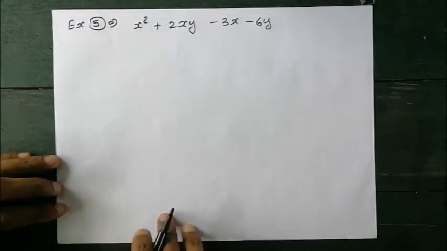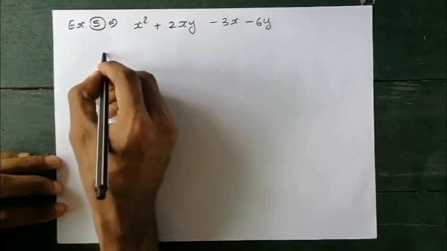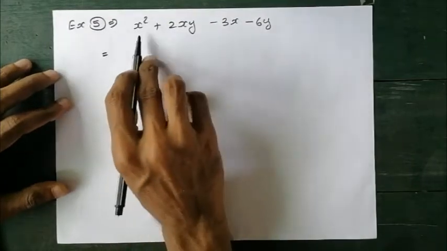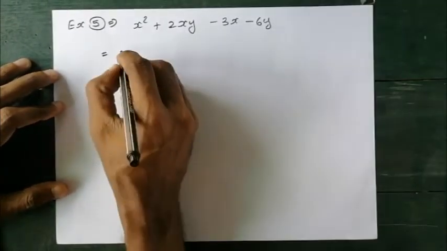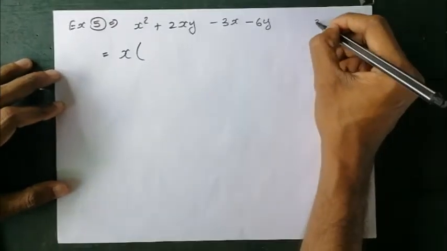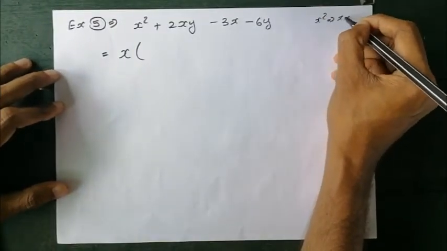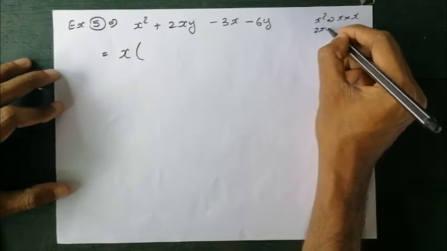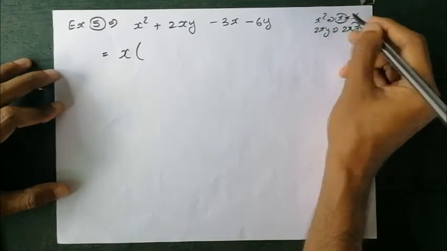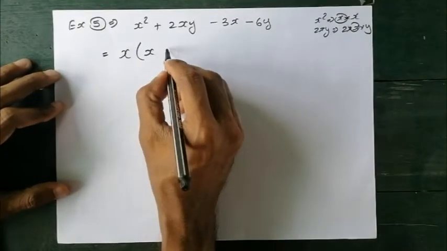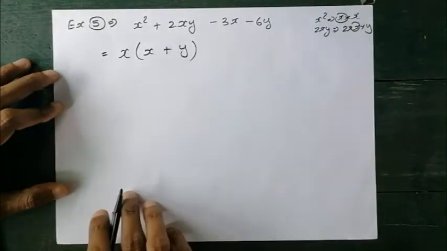The pairing is as given; the first two are a pair. Check the elements, x squared and 2xy. Which is the common term? X. X squared is x into x, and 2xy is 2 into x into y. So x is common, and the remaining is x plus 2y.